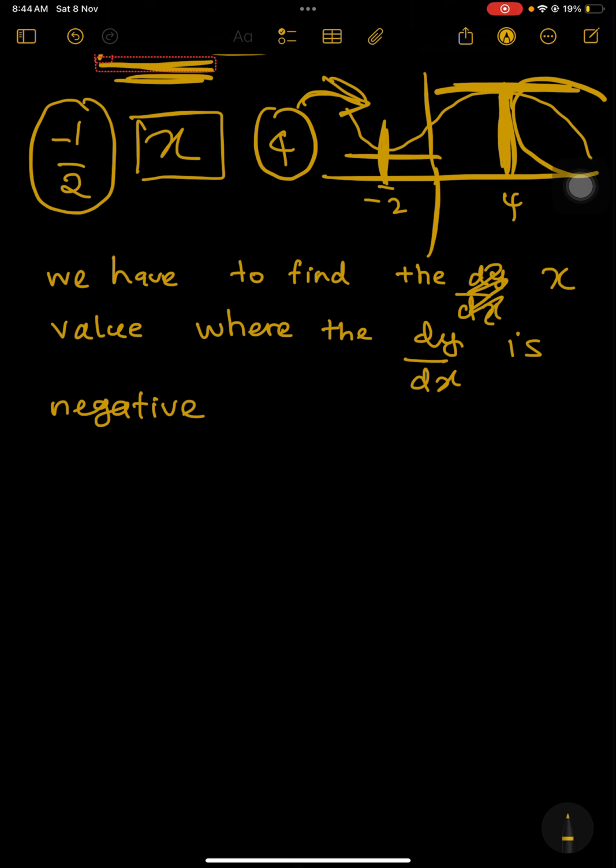So let's put some value in between minus half and 4. Just randomly, let's put 0. Let's put x equal to 0.